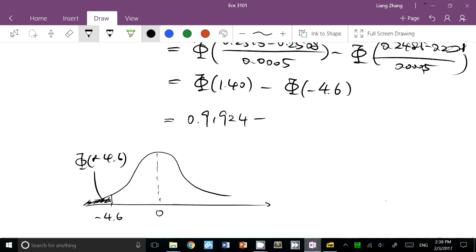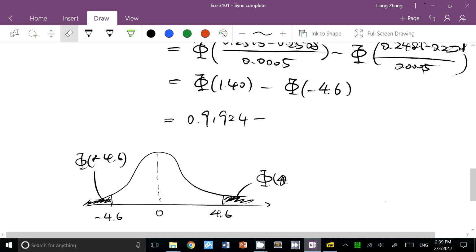Since you don't have a negative value in the table, we need to use the positive side. Because it's symmetric, if I have 4.6 here, the area underneath the curve to the right of 4.6 should also be equal to the same thing.